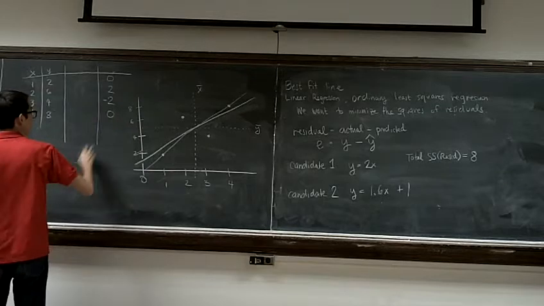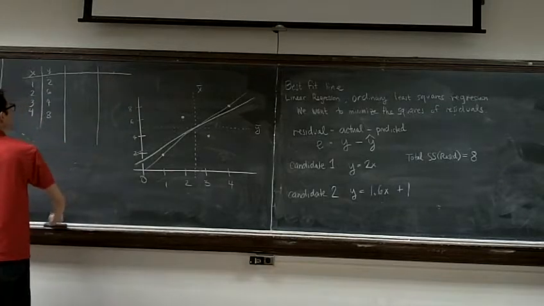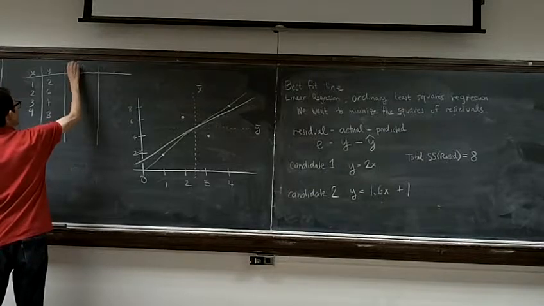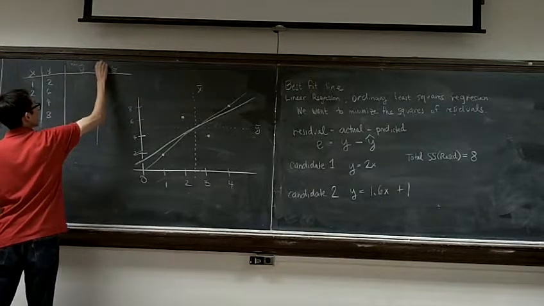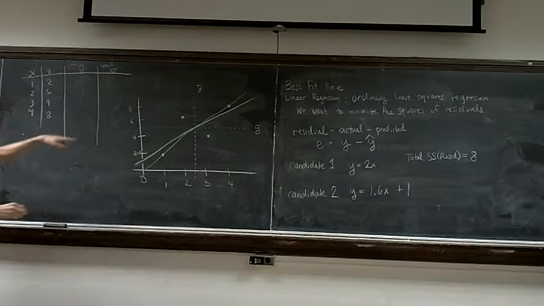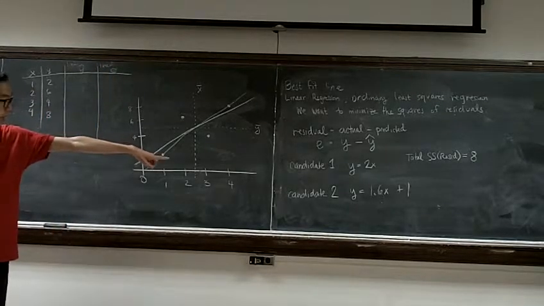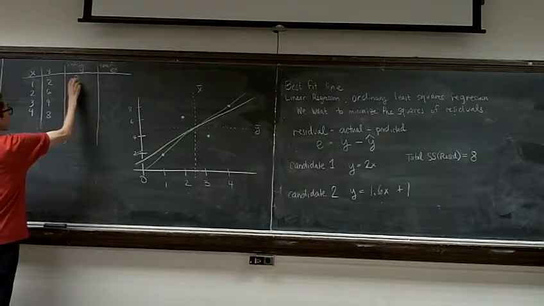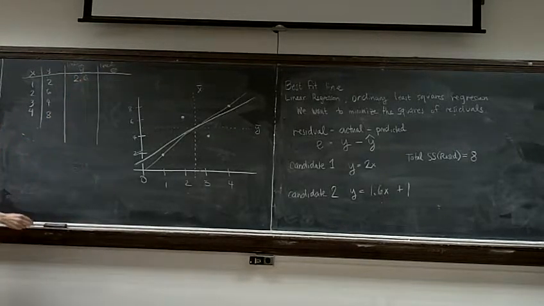I still want to get that up there. So my y hat for line 2 and my residual for line 2. Okay, so I plug in 1 for x, and I get 1.6 plus 1, I would predict 2.6.